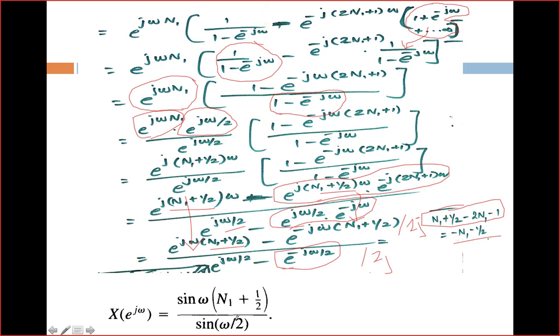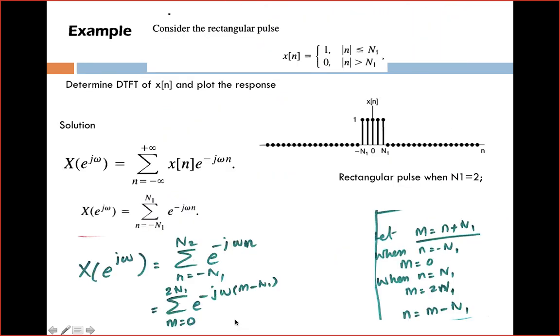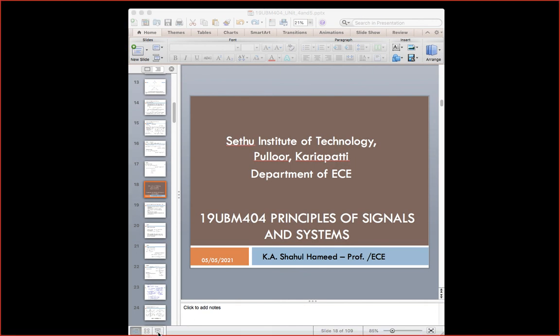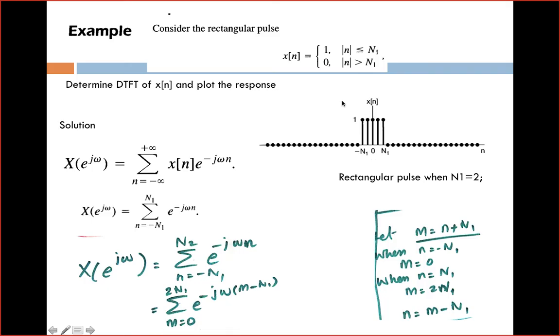So this is the solution of the given problem: X of e power j omega is defined for the interval magnitude of n less than or equal to capital N1, and 0 otherwise.